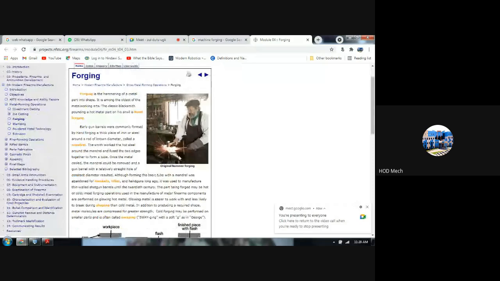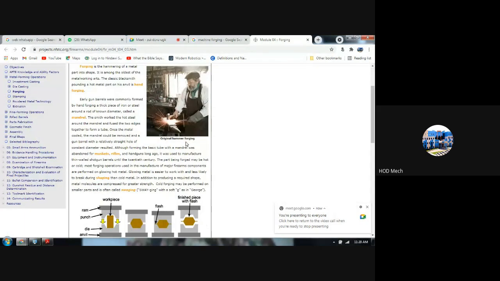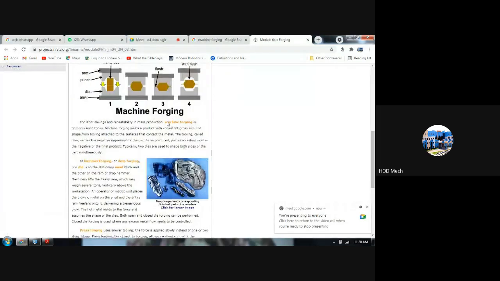When you see these photographs, you will easily remember the visual effect. Then you will not confuse what is drop forging, what is hand forging, what is hammer forging. So this is hammer forging, this is machine forging, this is drop forging.